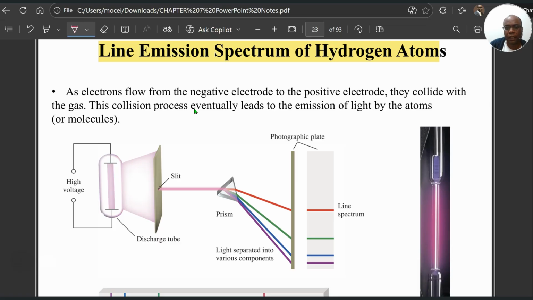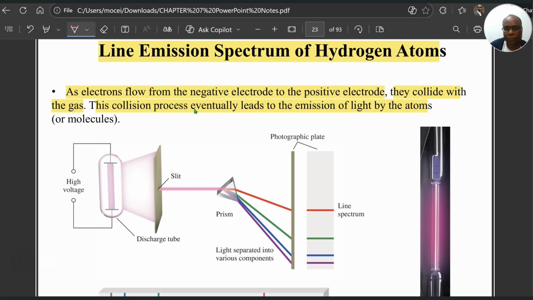As electrons flow from the negative electrode to the positive electrode of our setup, they are going to collide with the atoms of the gas in the tube. In this case, we are talking about hydrogen gas. This collision process will lead to emission of light by hydrogen atoms or molecules.